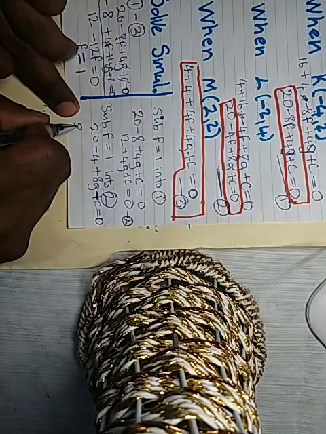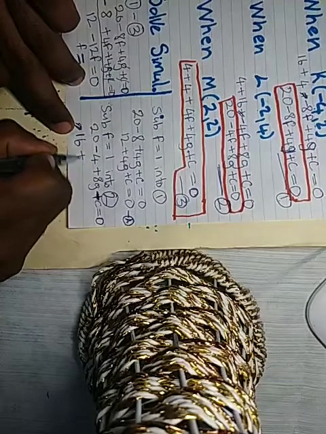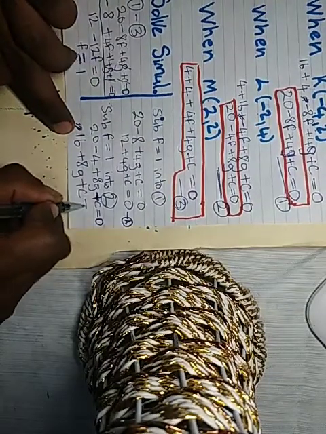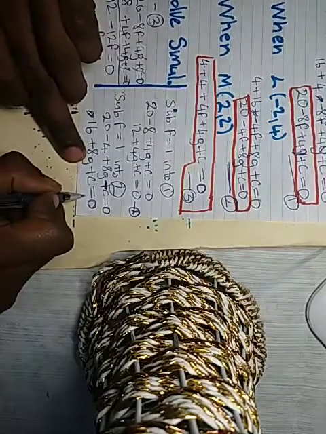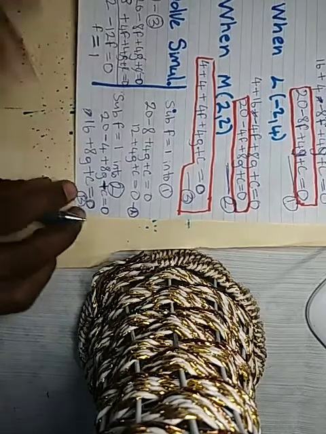Simplify this, we end up with 20 minus 4 is 16, plus 8g plus c is equal to 0. And let us call this equation B.